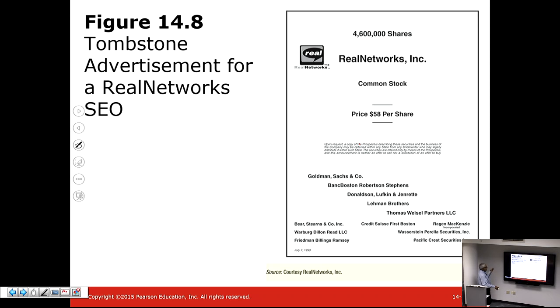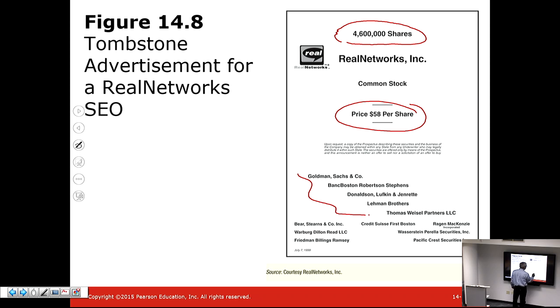So instead of a red herring prospectus, they would do what is called a tombstone ad, and in the tombstone ad they disclose how many shares and at what price. And here are the investment bankers that are bringing the shares to the market, with the first investment banker whose name is listed being the lead underwriter.